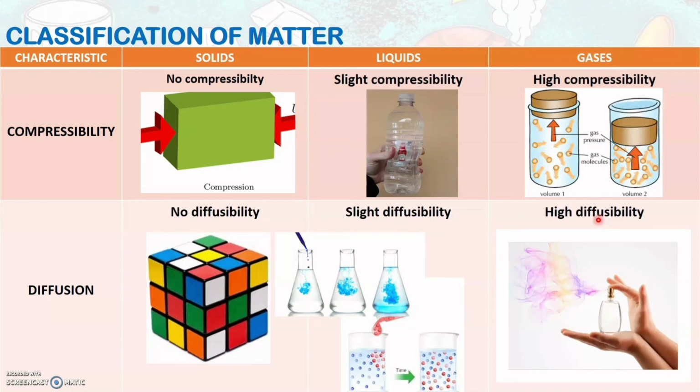And in case of compressibility, solids have no compressibility, while liquids have slight compressibility and gases have high compressibility. And in case of diffusibility, solids have no diffusibility, while liquids have slight diffusibility and gases have a very high diffusibility.